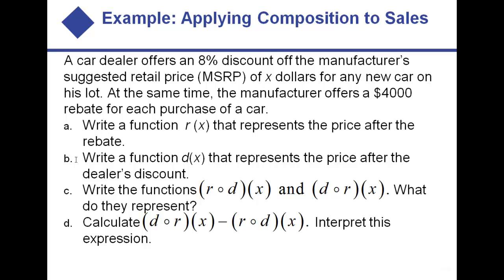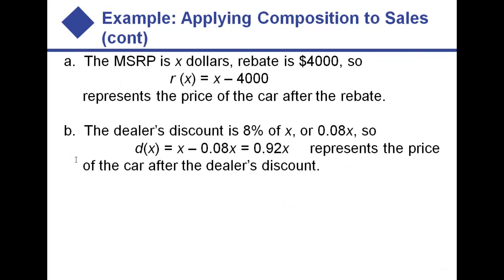So now I can kind of see where they're going with this. R for rebate, D for discount. Then they want to write the function R of D of x and D of R of x and figure out what those represent and then calculate them each. Very simply, the rebate was $4,000 off. So whatever the price of the car was, you just subtract 4,000 from it and there's your R of x. That's your new price.